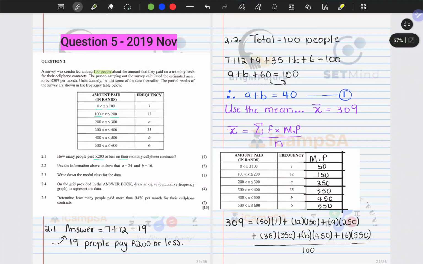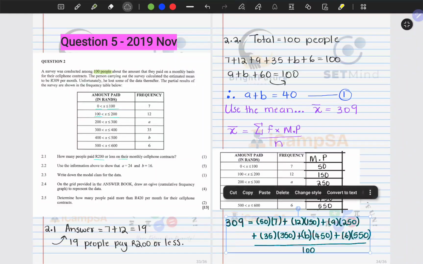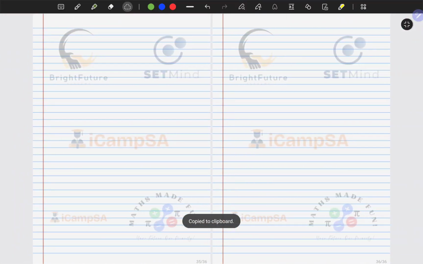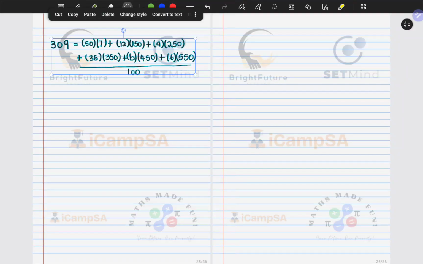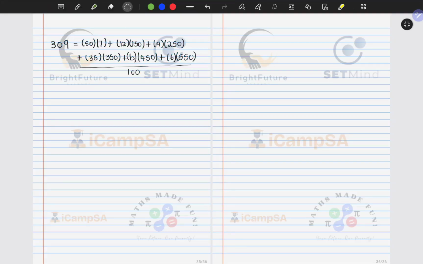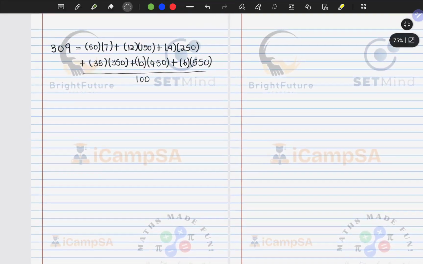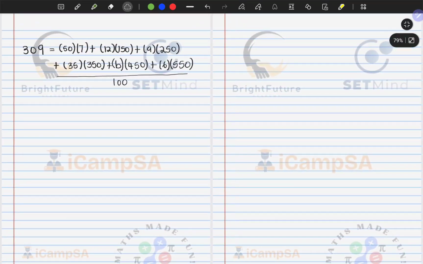Okay, so what we can do is to go to the next page and work this out. Remember, we're looking for A and B. Okay, and if you think about this carefully, it's going to amount to simultaneous equations at the end of the day, right?